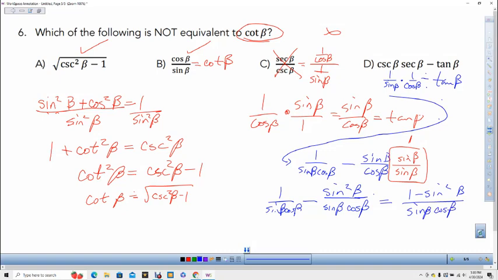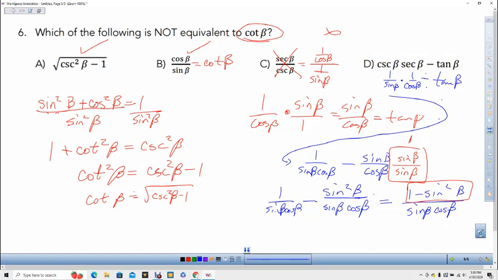Hey, remember what this thing right here is. We did it in the last example. That is nothing more than cosine squared beta.